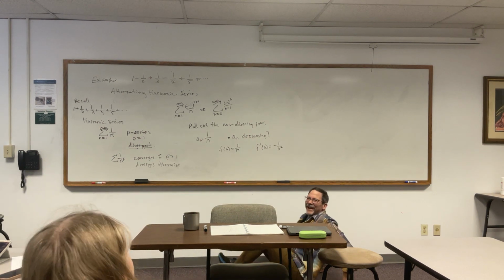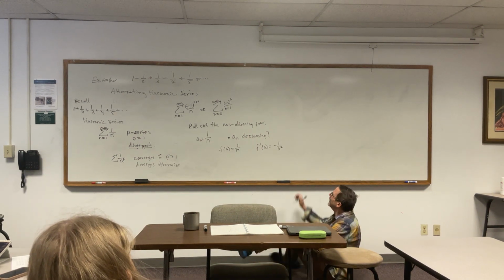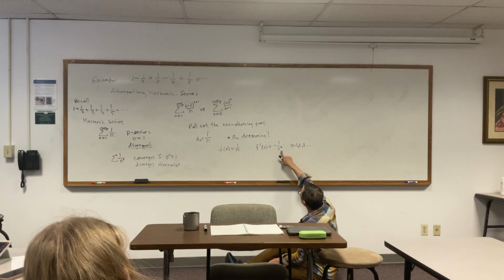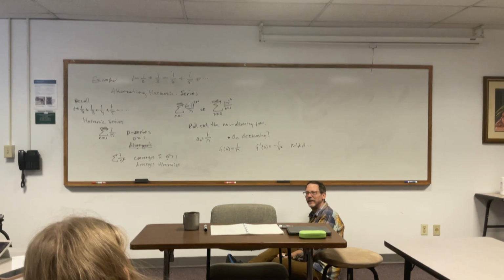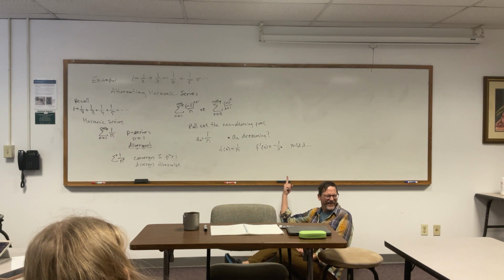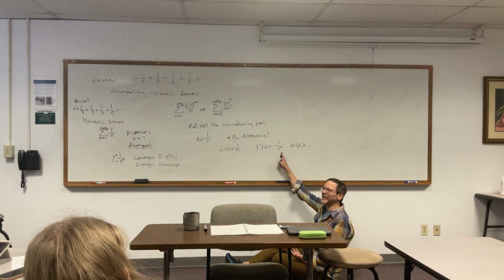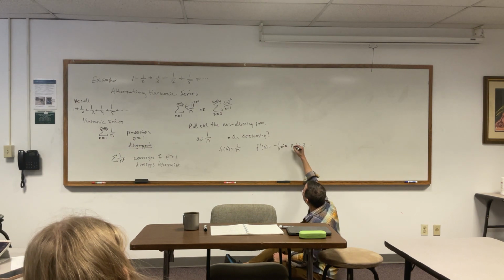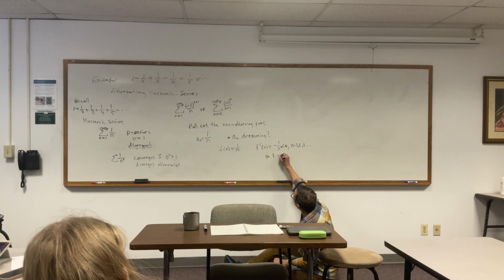Why is that always negative for n? So these are the n's we got. Why is that always negative? You might be looking for something deep, but it's negative because n squared is a positive thing, and there's a negative in front, so that's less than 0 here. So f is decreasing.